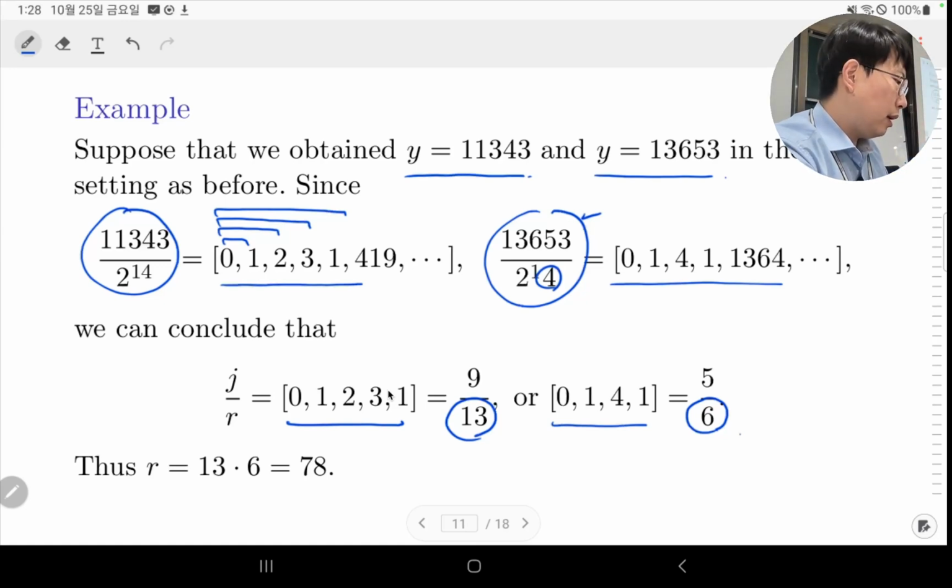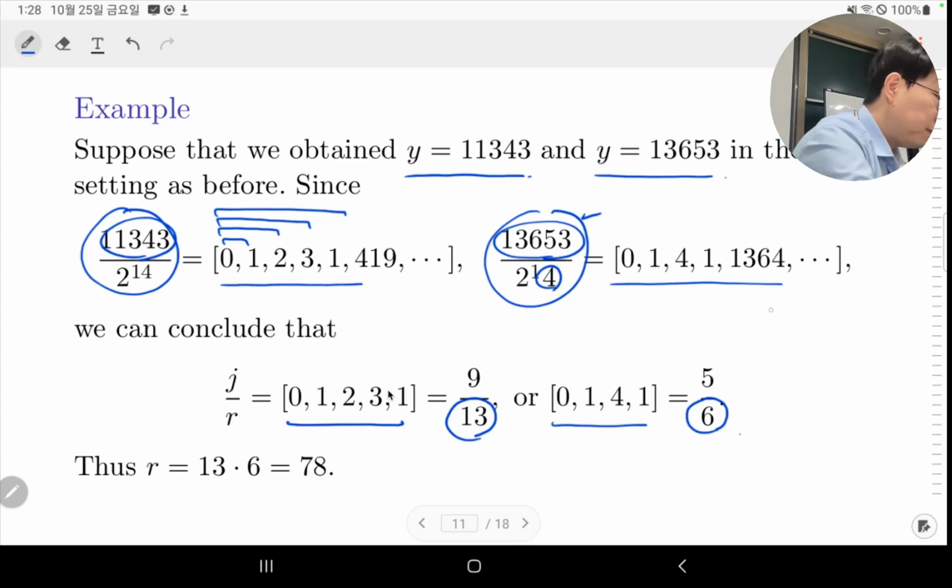So assuming that our y, the number 11,000 and 13,000, satisfies our condition on the difference between y over 2 to the n and j over r.